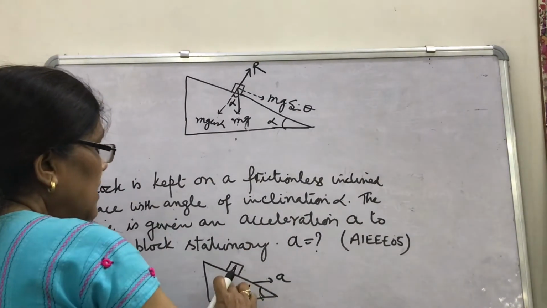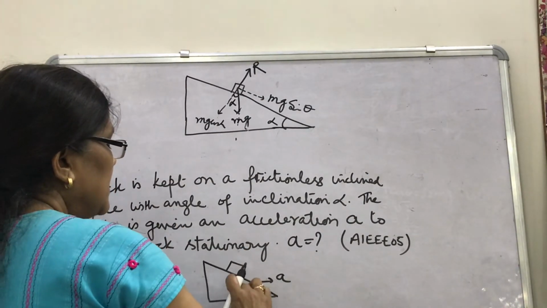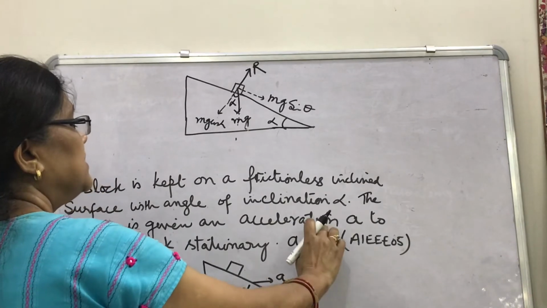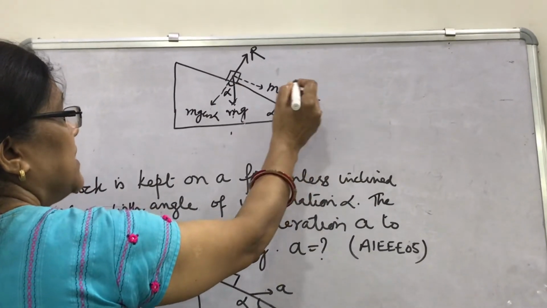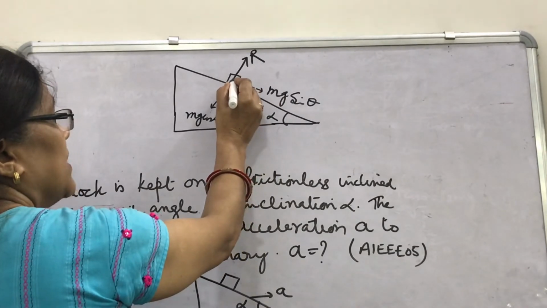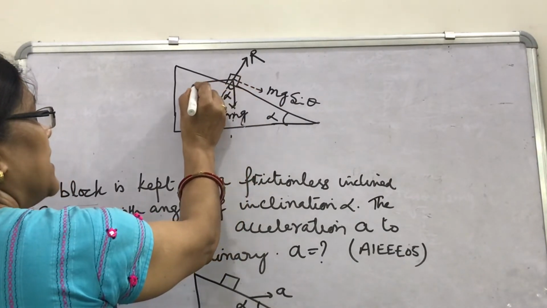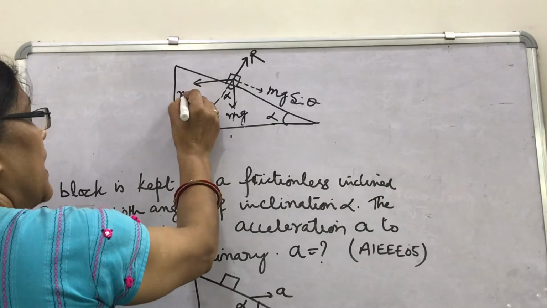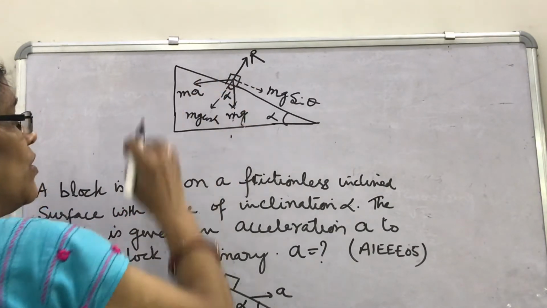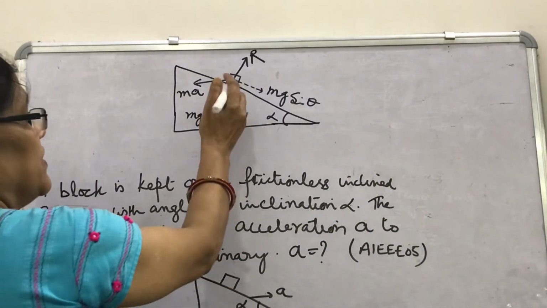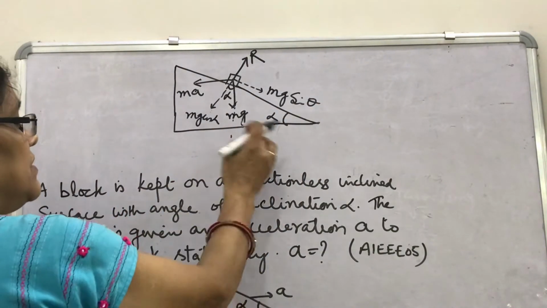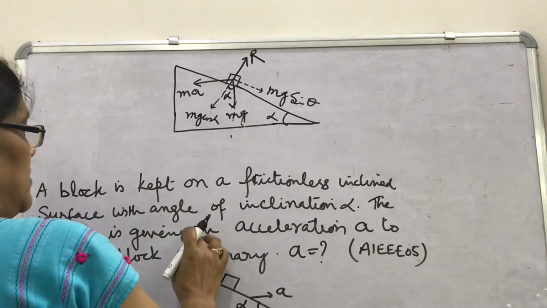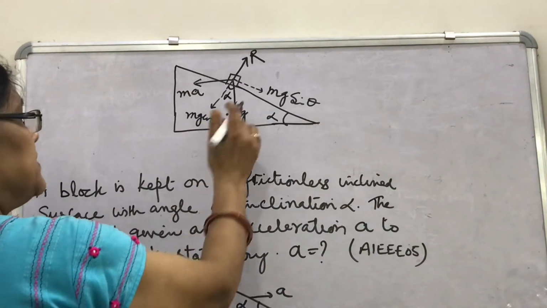Since the whole inclined plane is given the acceleration a in this direction, the reaction force on the block, the pseudo force, will be ma, opposite to the acceleration given to the frictionless inclined surface.